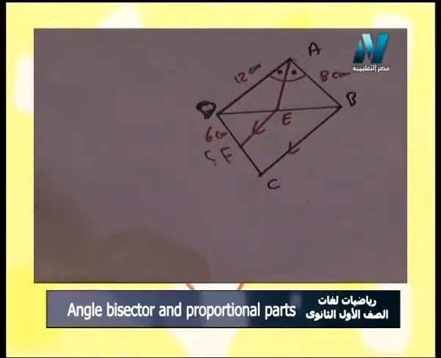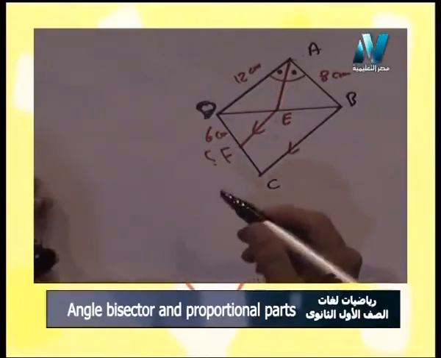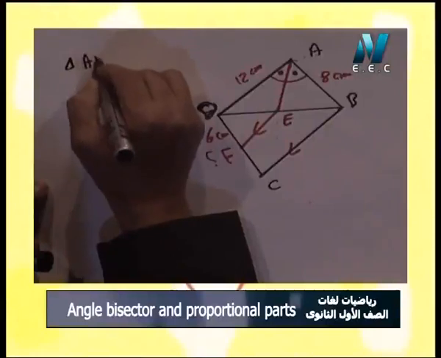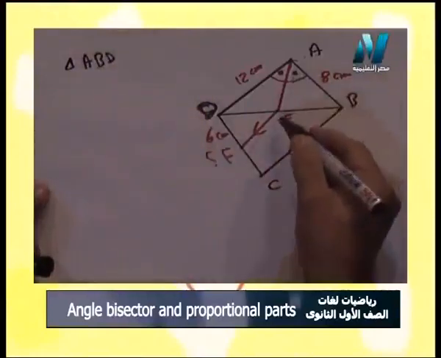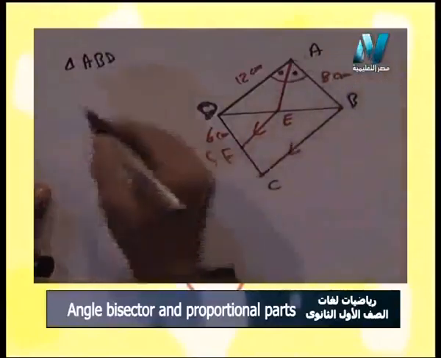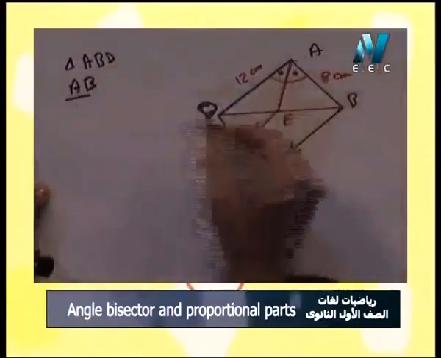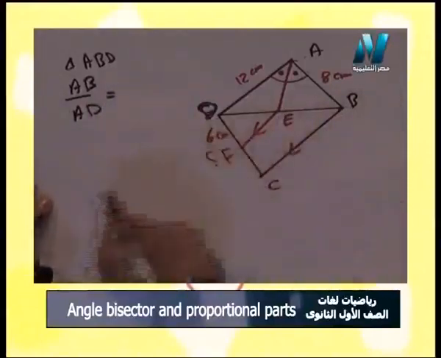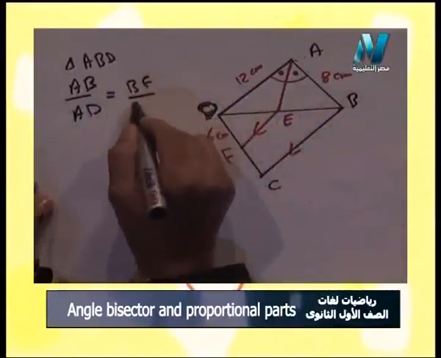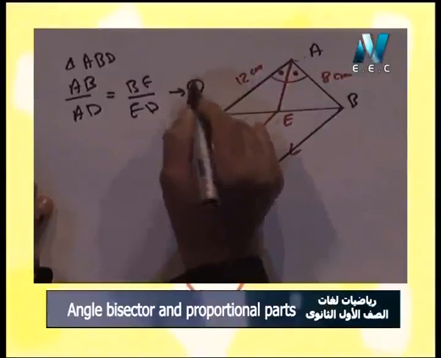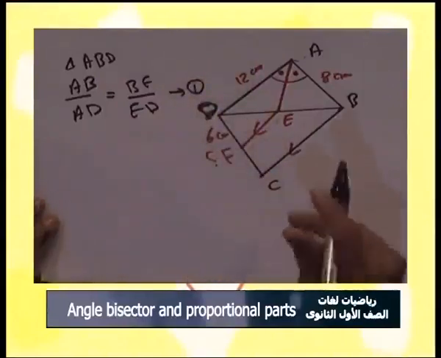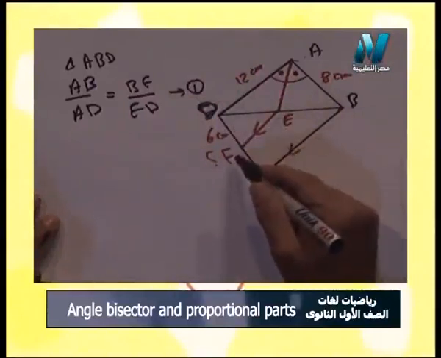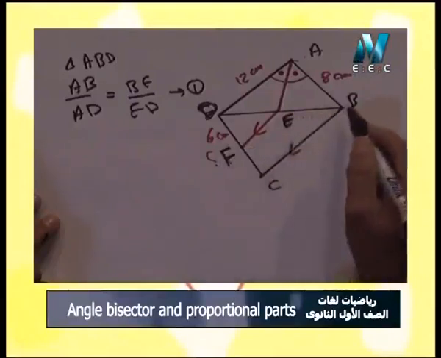So let's use the theorem here. In triangle ABD, we have a bisector AE. So we can say that AB over AD equals BE over ED. Let us call it 1. And from the other triangle here, we have EF parallel to BC.